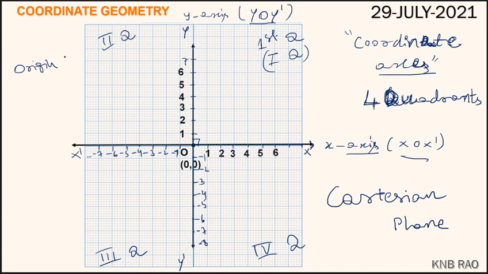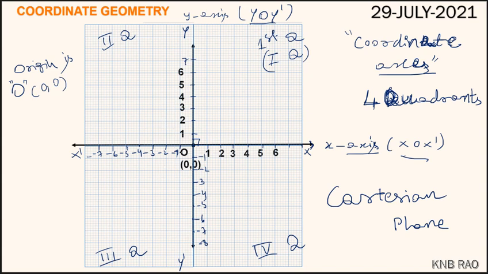Origin is the point of intersection of these coordinate axes. The point of intersection of these coordinate axes at 0 will be called as origin, and origin is normally referred with the letter O, and its coordinate points are (0, 0).